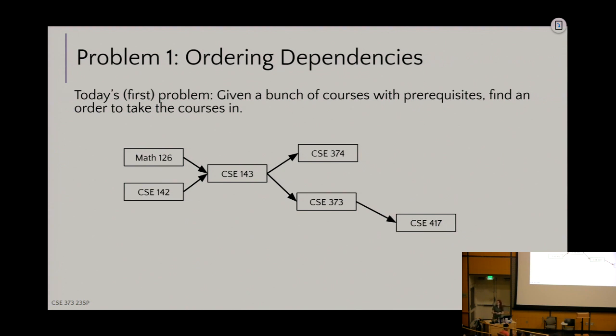Okay, let's see how we did. Like I said, there can be multiple correct orderings, but does anybody want to raise their hand and tell me what's the first course in their topological sort? What's the first course they would take? Yes?